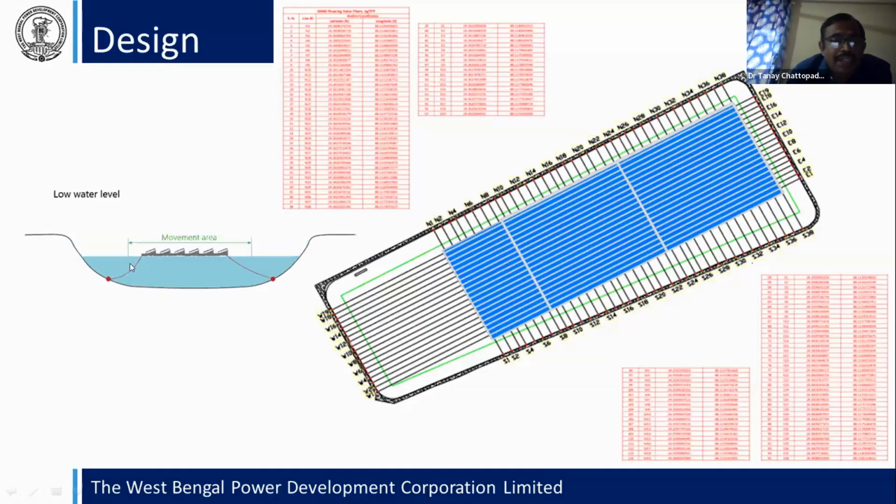And on the left-hand side you see, by animation, what happens when the water is filled: the total system moves from left to right. At low water level, this is the movement area for the floaters, and when the water dries up, it just lands on the ground. No disturbance happens in these cases.